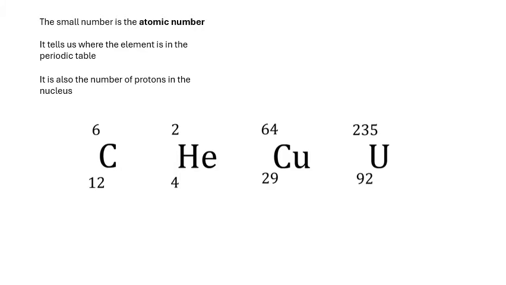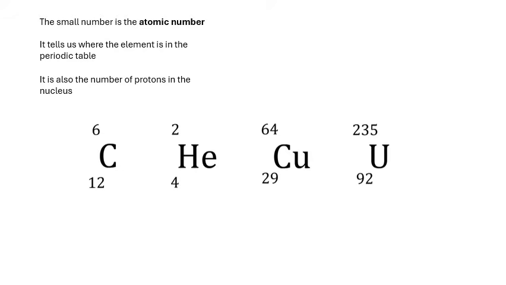Now, the small number is the atomic number, I've already said, and that's basically where the element is in the table. It's also the number of protons in the nucleus. It was the atomic number before protons were discovered, but now we know that it's also the number of protons in the nucleus.